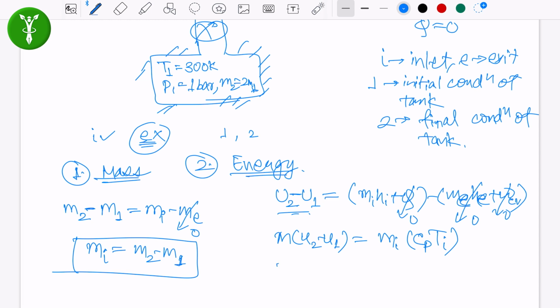Sorry, here we cannot write it like this because the mass is not the same in both cases. So I will remove this.